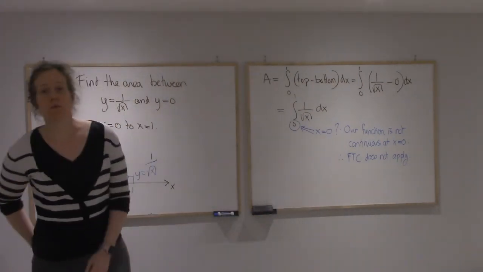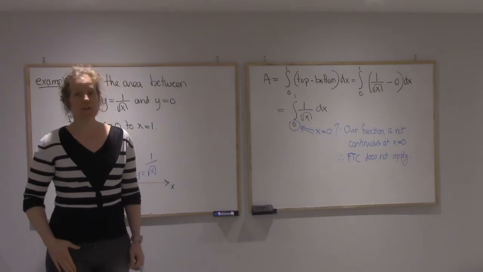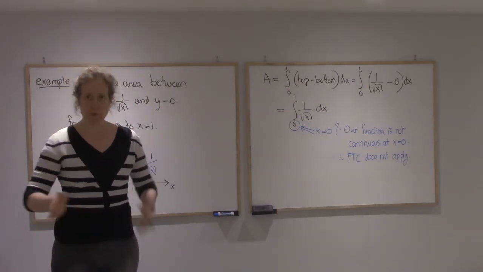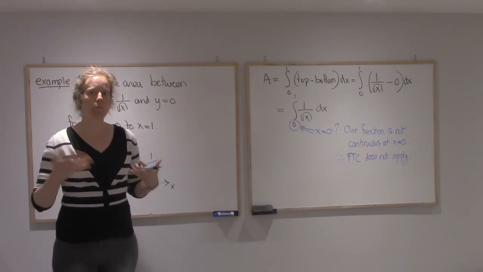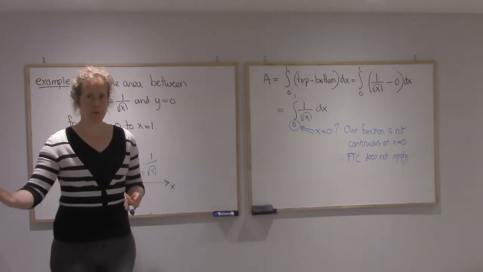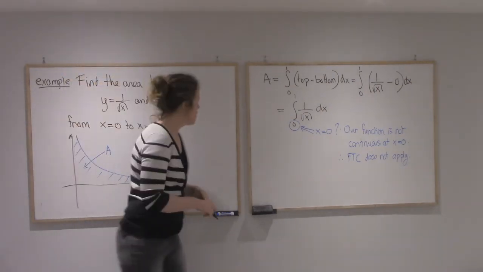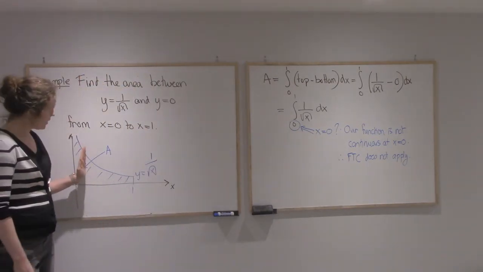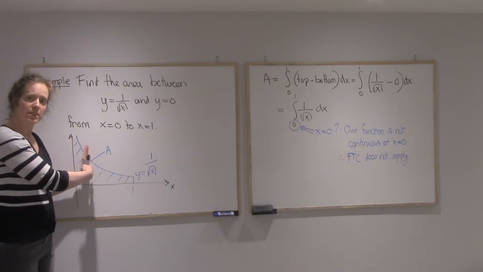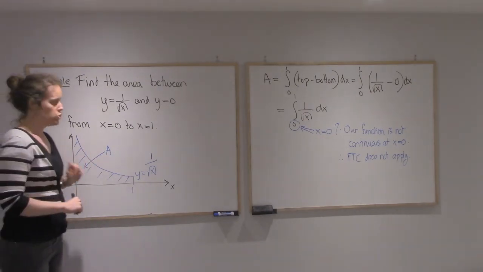So I'm going to do something close to what we did in the first example when we looked at improper integrals going to infinity. I'm going to stop before I get a problem, just before I get to 0, right here, and then I'm going to use a limit to send my hand to the asymptote.